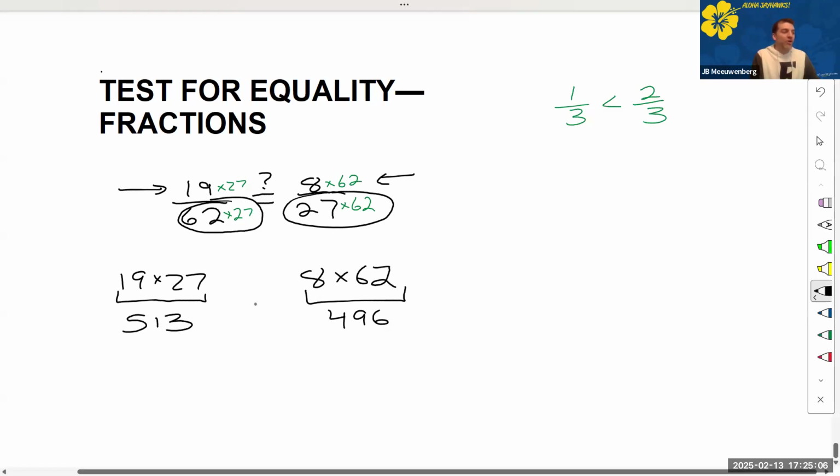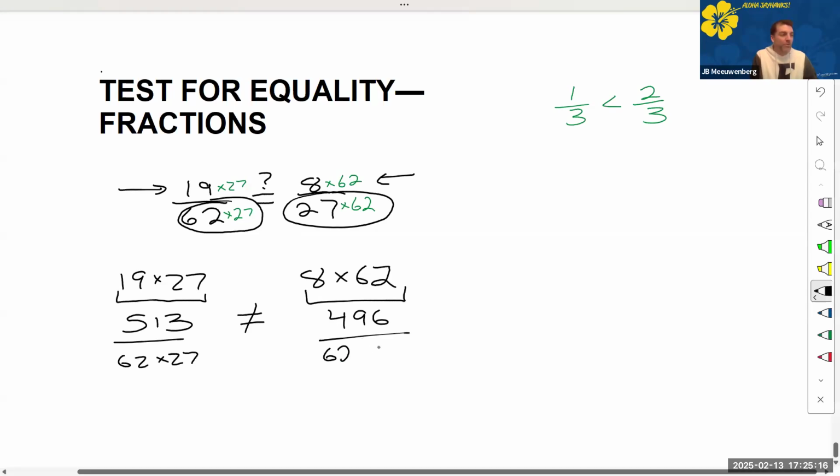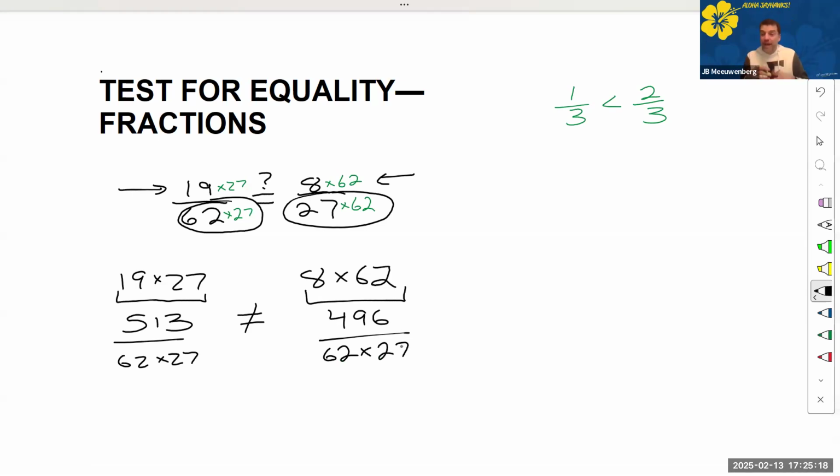And so we see that those numerators are not equal to each other. It doesn't matter what that denominator is. If the fractions were equal, they would have the same numerators over the same denominators. So we can see that these are not equal.